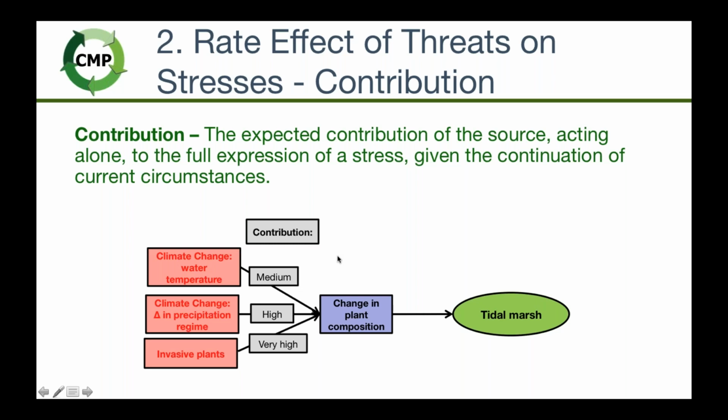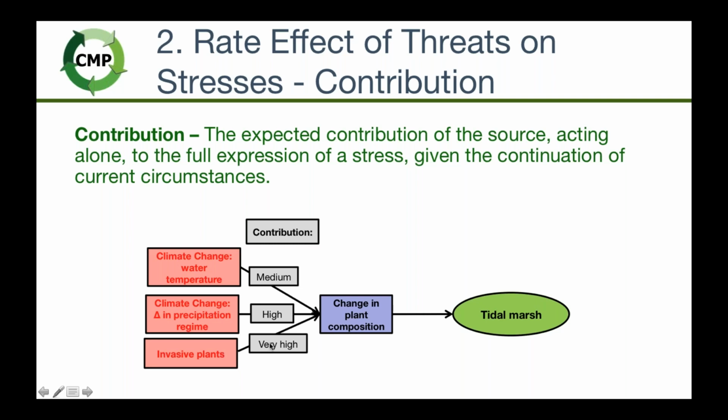In this case, I find it helpful to rate the different direct threats that are all affecting that same stress at the same time. Okay, there are changes in plant composition that are happening and are projected to continue happening due to changes in water temperature due to climate change, changes in the precipitation regime due to climate change, as well as invasive plants.